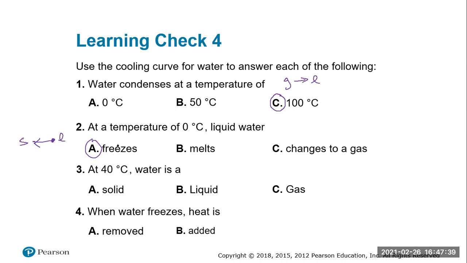At 40 degrees Celsius, liquid water would be, well, this is 0 degrees Celsius. At 100 degrees Celsius, that's where we get our gas to occur. So 40 would be in between. So that is still liquid at that point. So that would be liquid. And when water freezes, heat is removed.